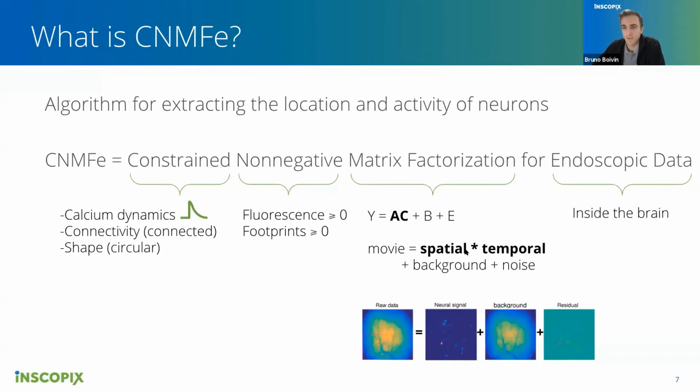We enforce that cells be a single region of interest, as opposed to multiple scattered pixels that combined would form a footprint, because that wouldn't make sense biologically. We're also enforcing a circular shape in this algorithm. And the non-negative part just means that we don't allow values to be negative, because that wouldn't make sense.